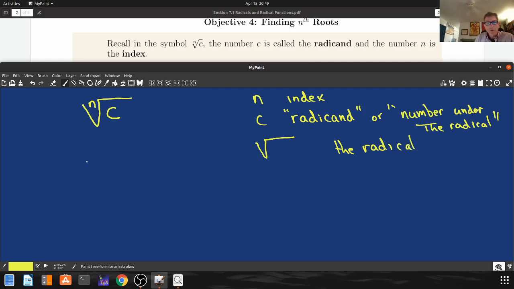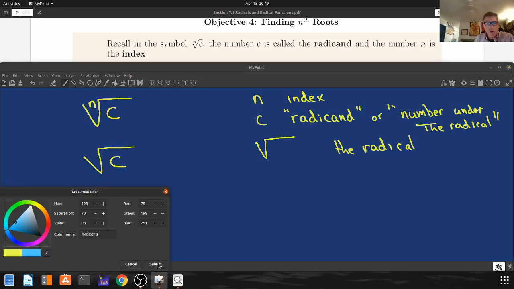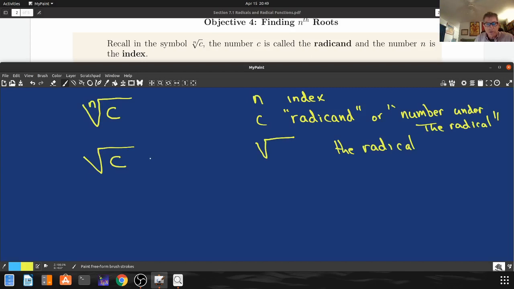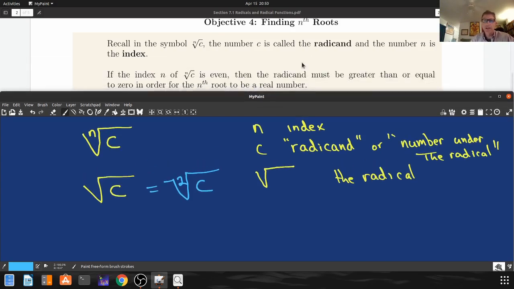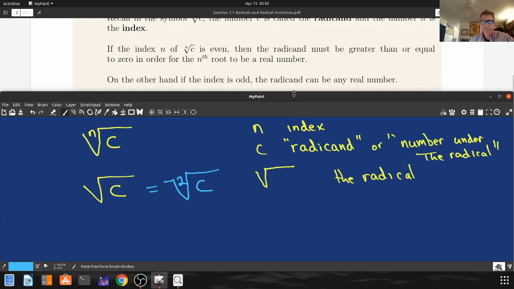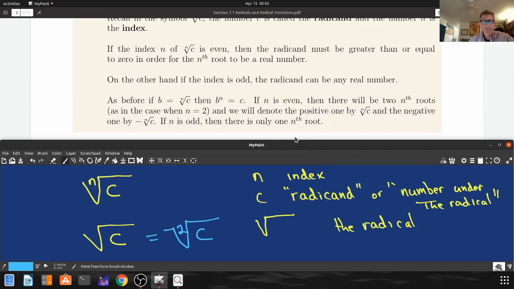So the square root of a number is the only time that we don't write the index. But the index is understood always when we're talking about the square root. This is equal to an index of 2. So let's keep that in mind. So here we have some cases, and you have to digest all of this.